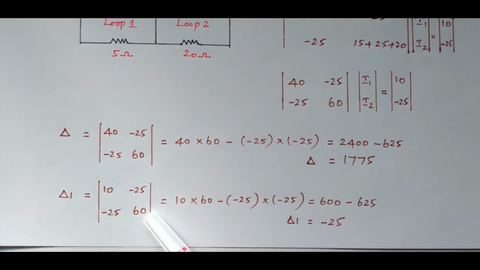So 10 into 60 minus 25 into minus 25. 10 into 60 is 600. The two negatives become positive, but here one negative is there, minus 25. So 600 minus 625 is minus 25. Now we got the values of del and del 1. Now we'll go on to find delta 2.